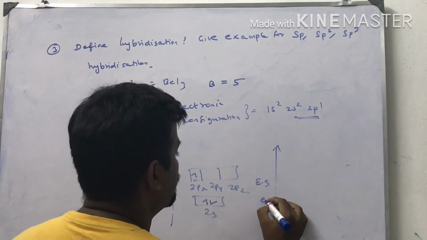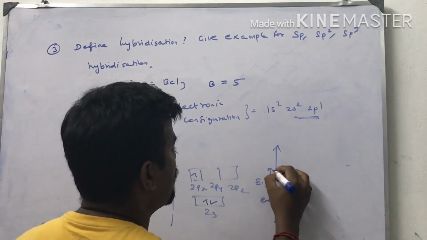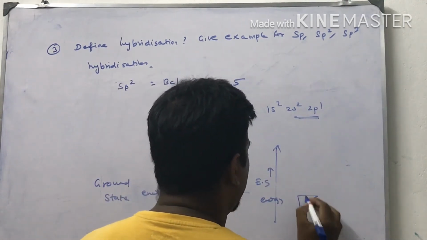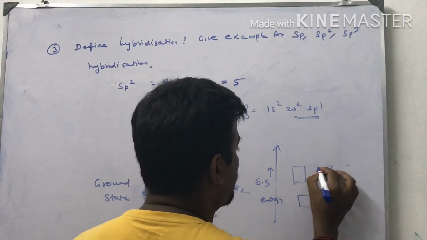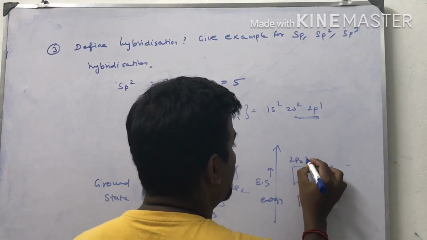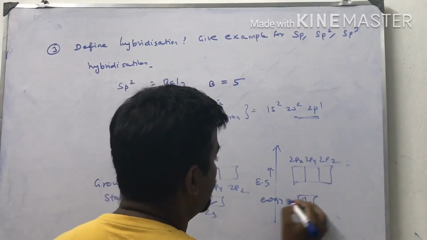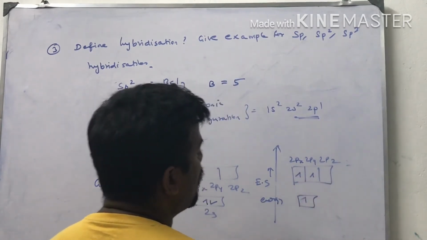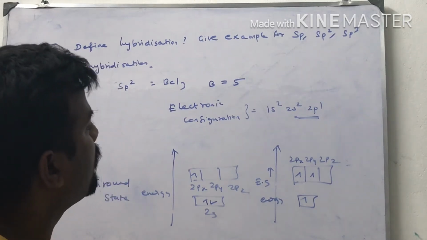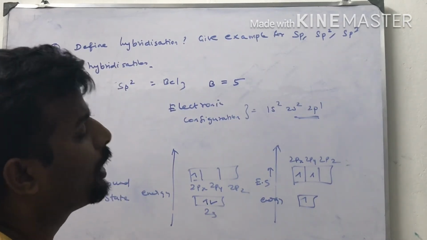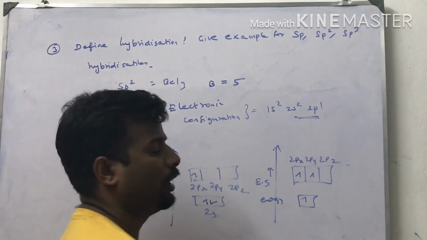Now we are going to the excited state energy configuration. Excited state starts from here: 2s orbital, 2p orbital, 2px, 2py and 2pz. 1 electron from 2s is promoted to 2p because of the hindrance of the chlorine to the central atom boron.